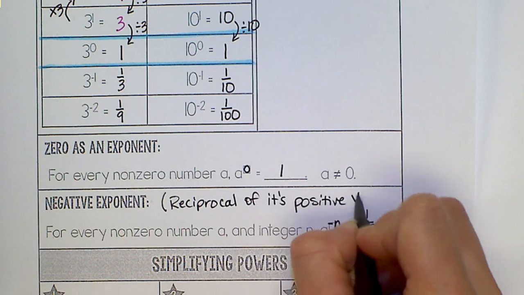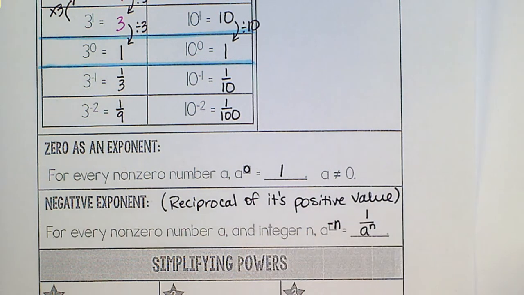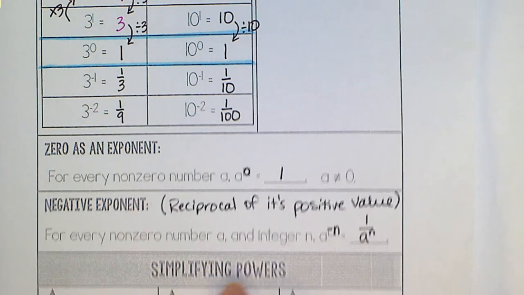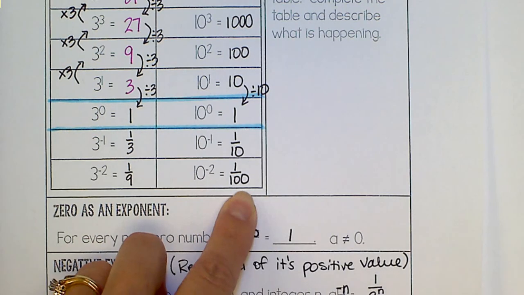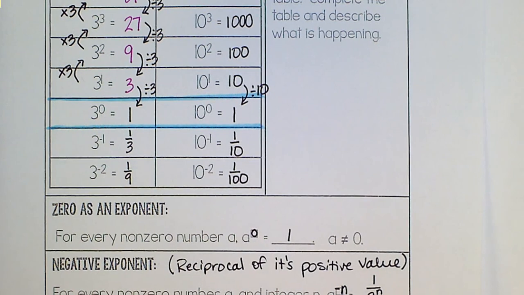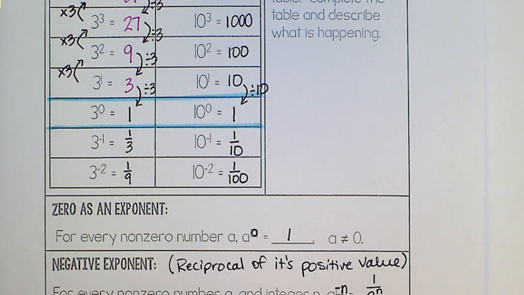Now what some students will do is they'll just say, oh, if it's negative, you just flip it down, or you move it down to the bottom. So that's just what the reciprocal is. The fancy way is to say reciprocal, but some students say flip it, move it, and so on. So anything that helps you remember that would be a great tool to use.